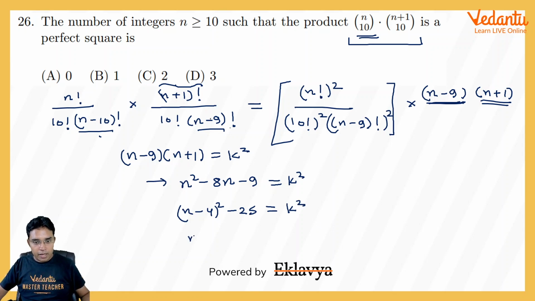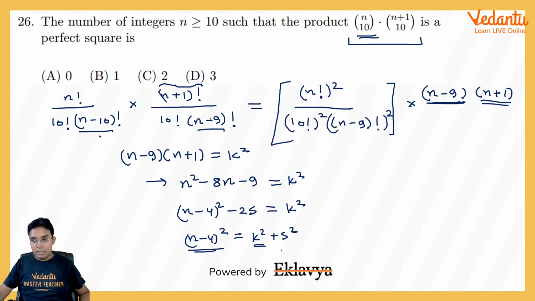So we can write it as n minus 4 whole square is equal to k square plus 5 square, and all these are integers. n minus 4 is an integer, k is an integer, 5 is an integer. So k and 5 should form a Pythagorean triplet, and with 5, I think k should be equal to 12 and n minus 4 should be equal to 13. So n will become 17.